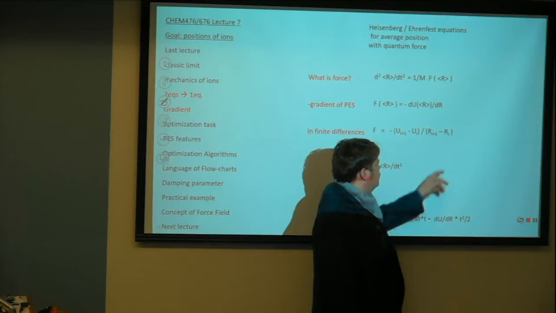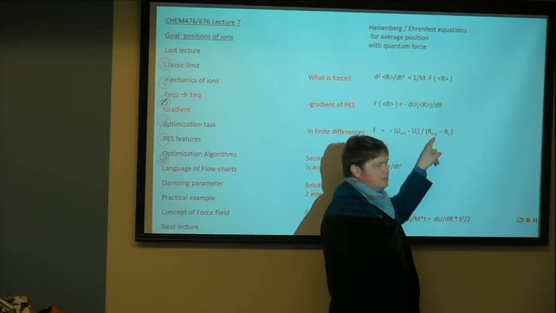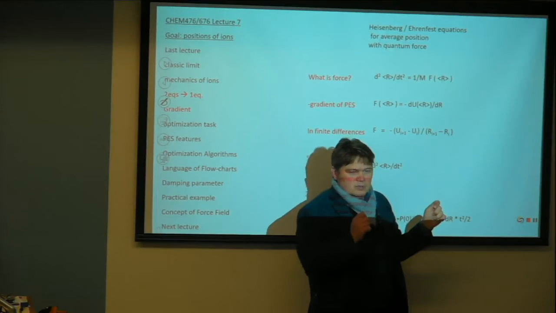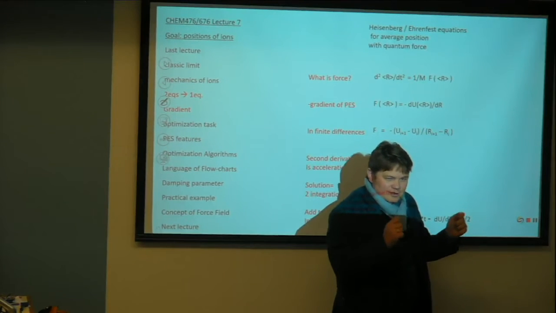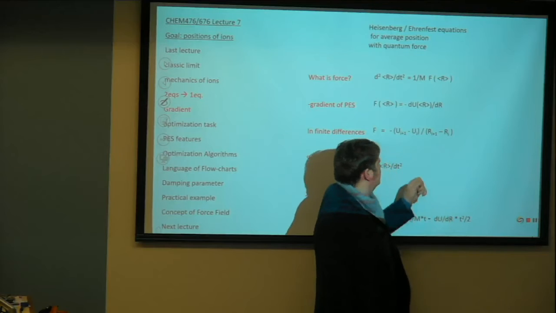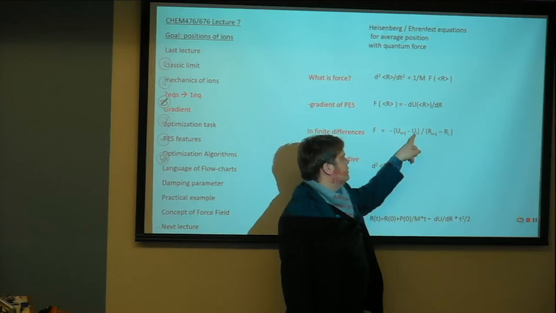Suppose we do know the interatomic distance at step i and step i plus 1. So we did make one step in this computer game, or in the procedure of optimizing distance. At step i, the value of potential energy is U sub i.